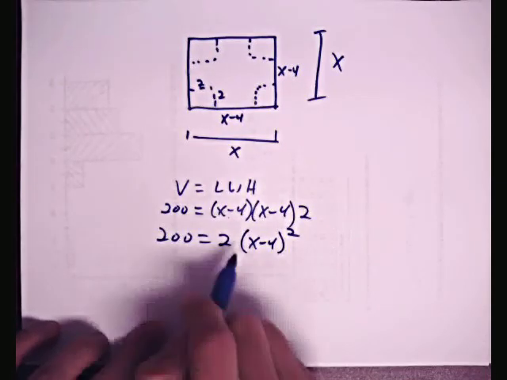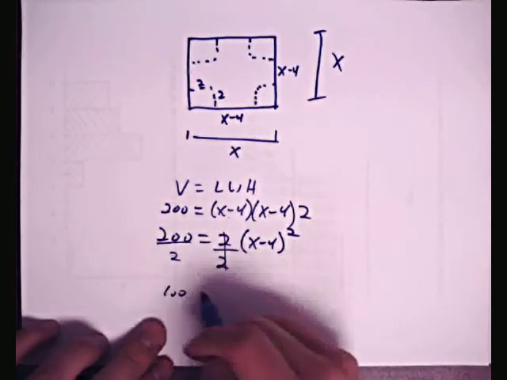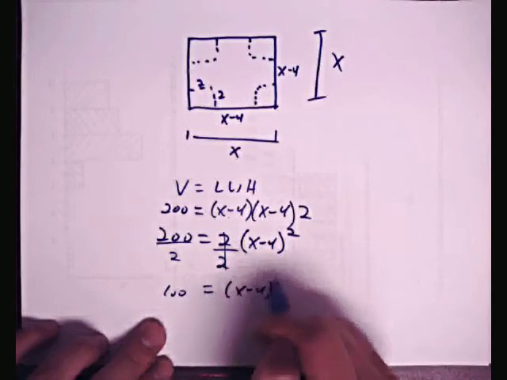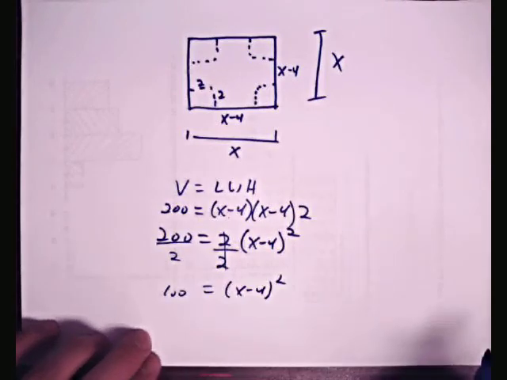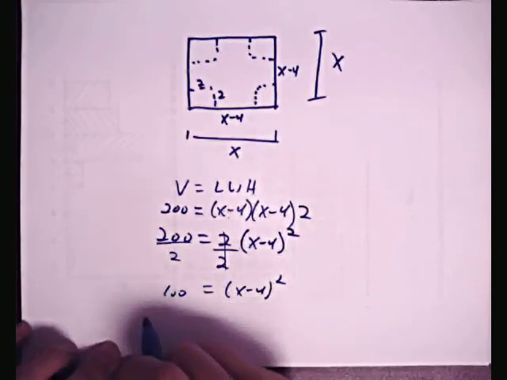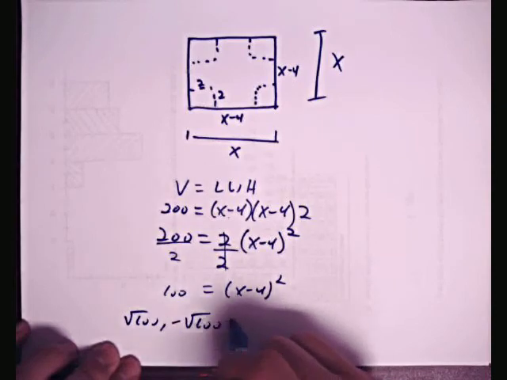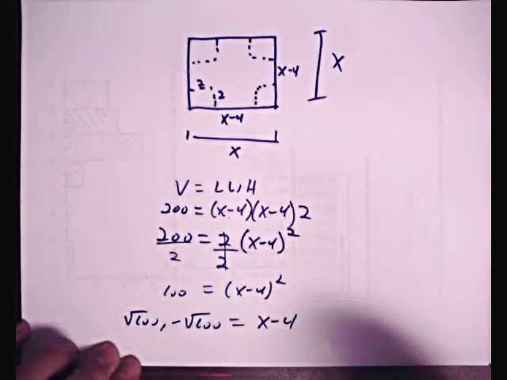So with the square root property, we'd want to divide by 2, giving 100 equals x minus 4 squared. Take the square root of 100, and we'll have the square root of 100 and negative square root of 100 equaling x minus 4.